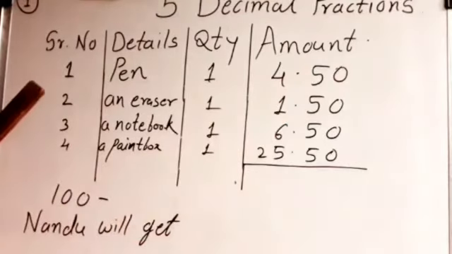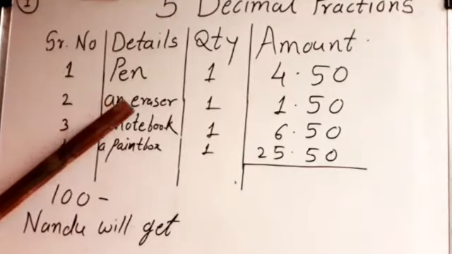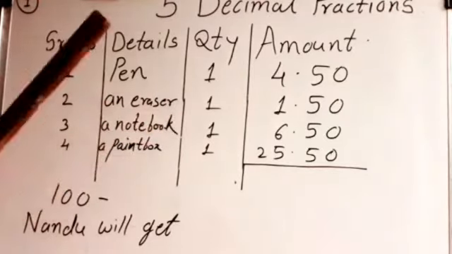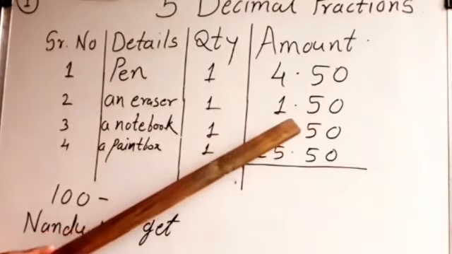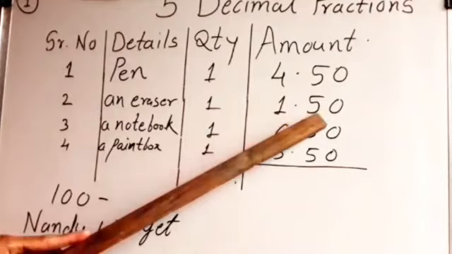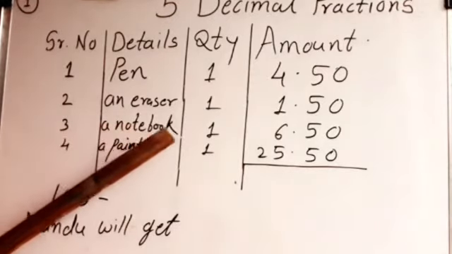4.50. Okay. Next, an eraser 1.5. Second, he has brought an eraser. How many? 1. What is the cost of that one eraser? 1.5 means what? 1 rupee and half, means 50 paise. Okay. Then third, a notebook 6.5. So he got one notebook.